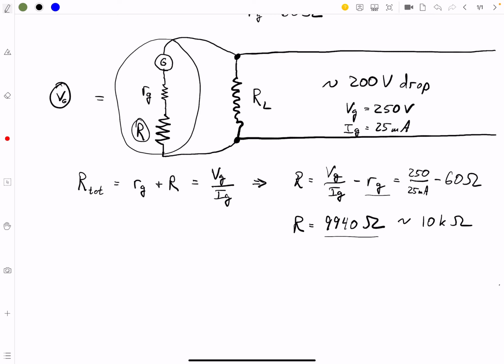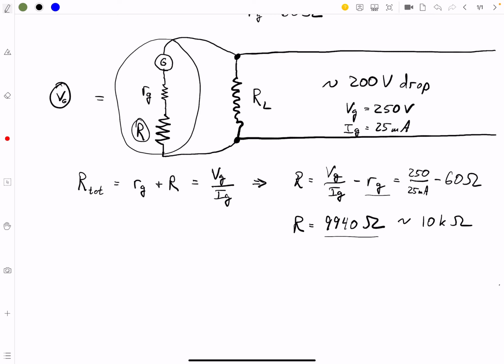And we can easily write out then that IS RS is equal to IG RG, and solve that for our RS. So RS equals RG IG over IS, and we already know what all those things are.